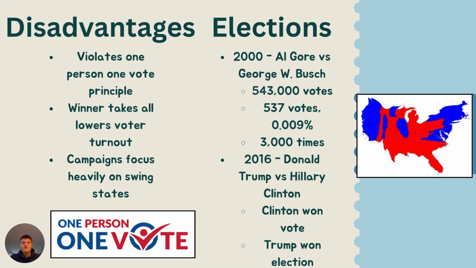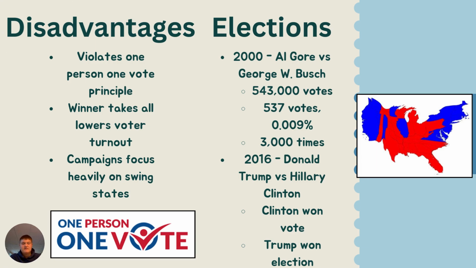Some examples from recent elections, the most significant being in 2000, Al Gore versus George W. Bush. Al Gore actually won the popular vote by 543,000 votes. However, George W. Bush won the Electoral College through Florida, and he won Florida by 537 votes, which is only a 0.009% margin.